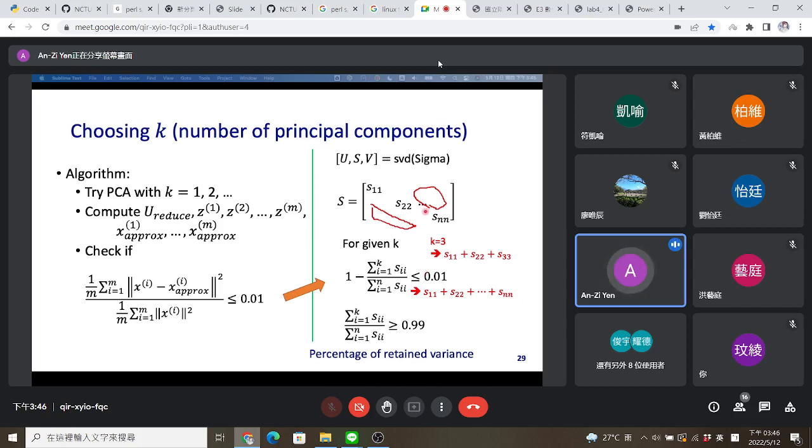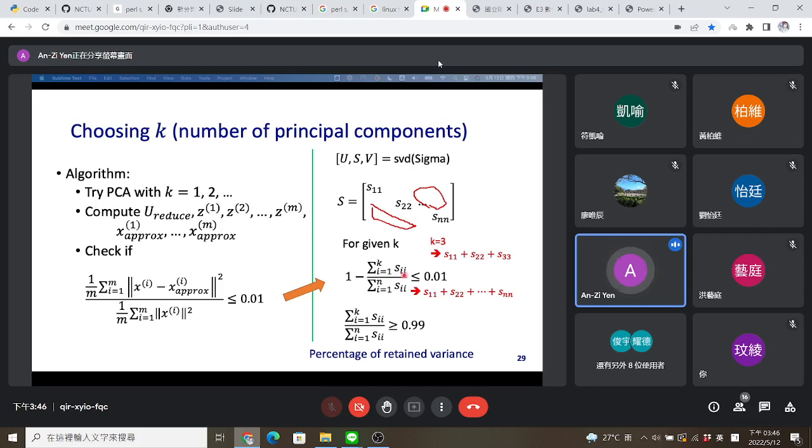We are going to compute the numerator, which is the sum from i equals 1 through 3 of Sii.